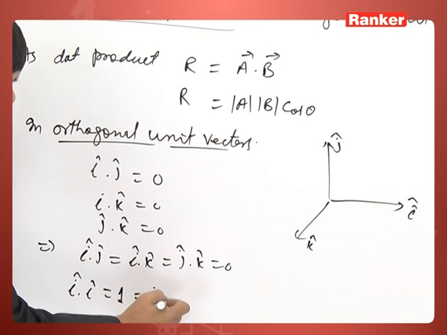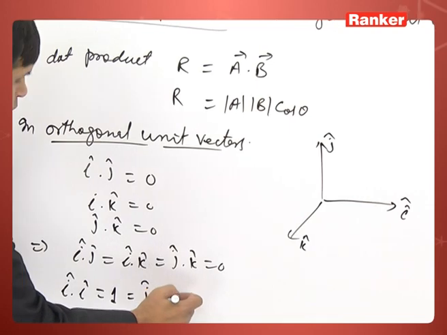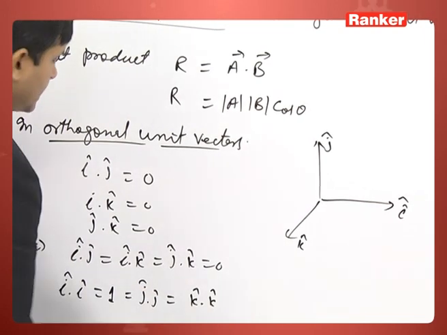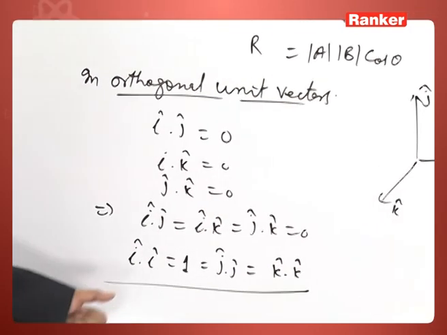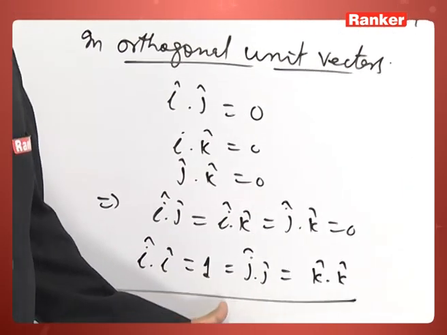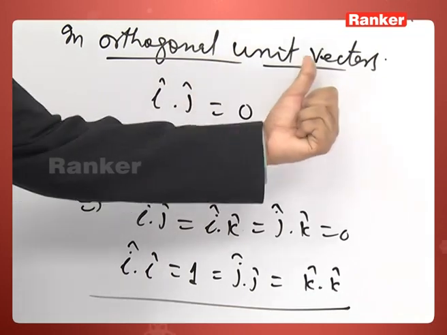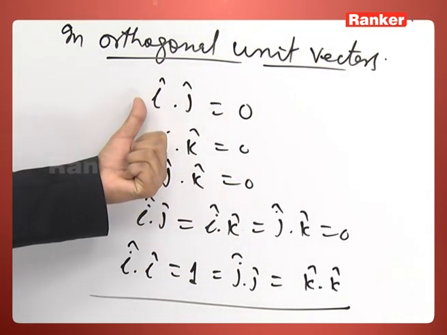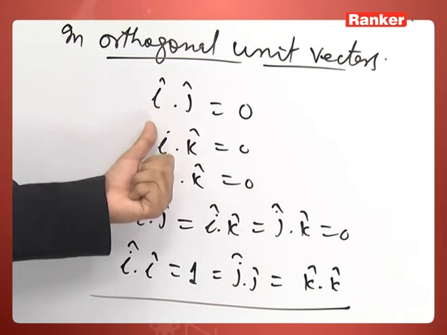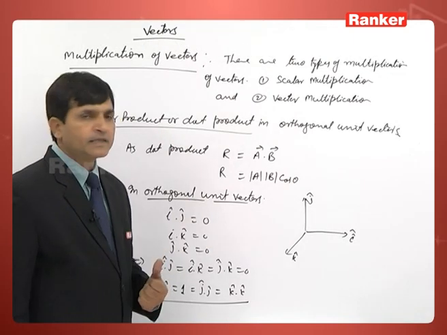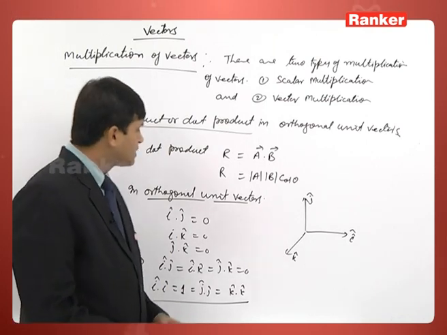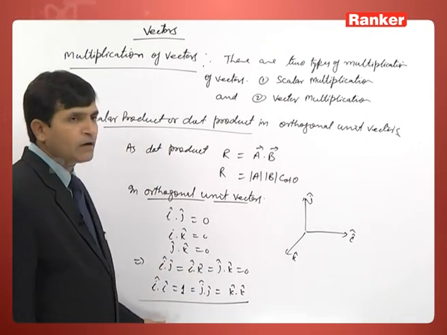Similarly, j dot j is also 1 and k dot k is also 1. So, the dot product of similar vectors in orthogonal unit vectors is 1, and the dot product of dissimilar vectors is always 0. We have to remember this point while solving such problems.